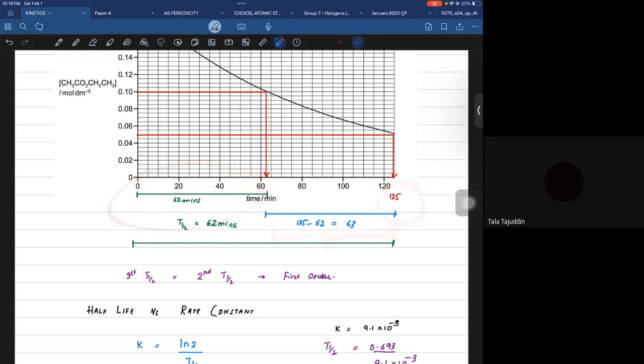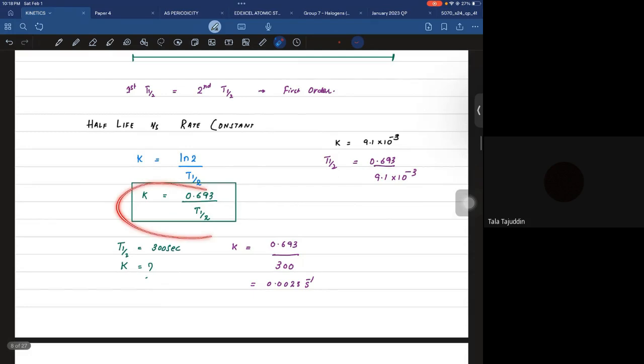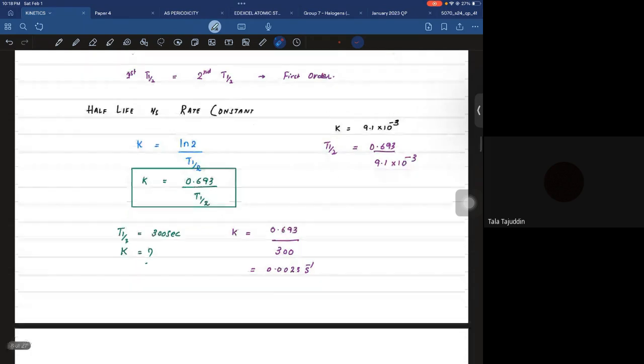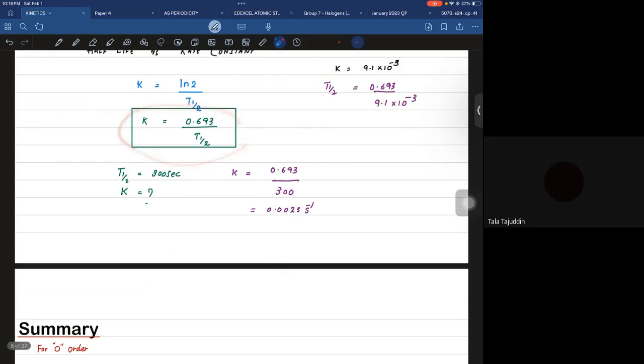Yes, sir. Exactly. And this is the formula you will see in your Paper 5 as well. T half is equal to 0.693 over the rate constant, and then you can calculate the half life. This is the relation that you may use if needed.